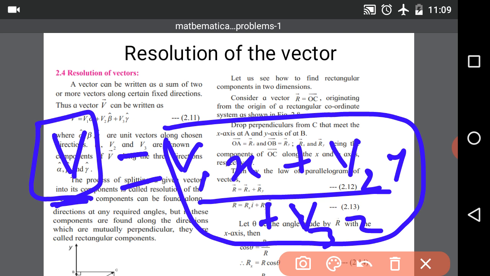That means you separate its x component, its y component, its z component. That method is called resolution of a vector.